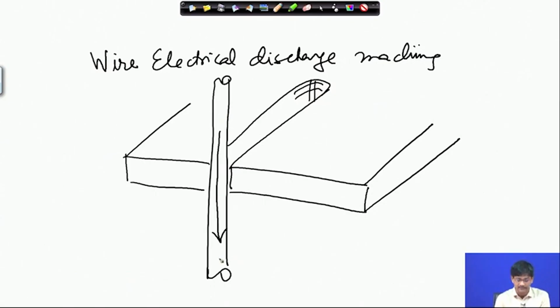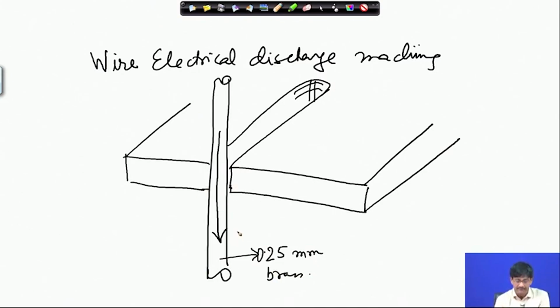What is the diameter of the wire? Maybe say 0.25 millimeters, a very thin wire. What material? Say brass. It can carry current, but that is all. It does not have as such any cutting ability.